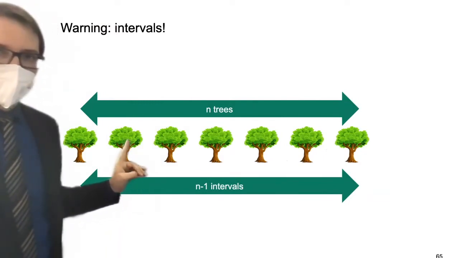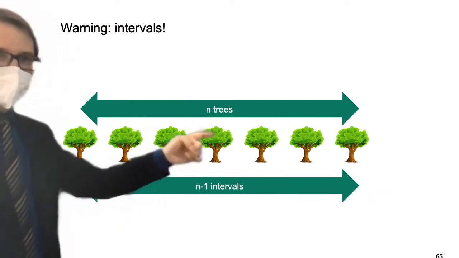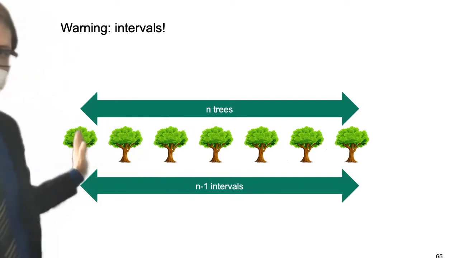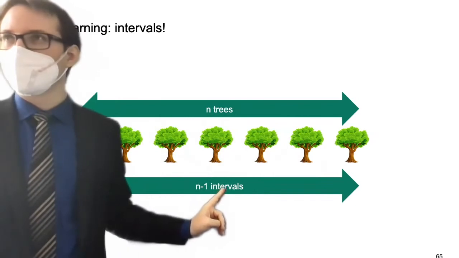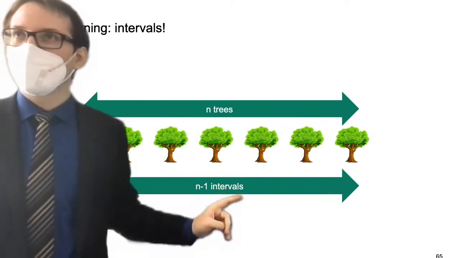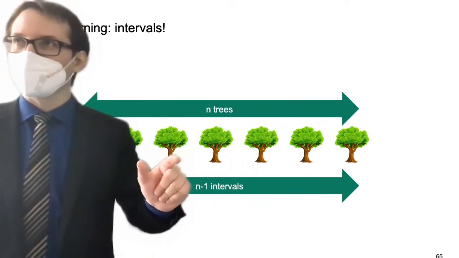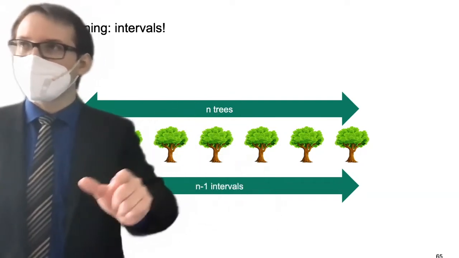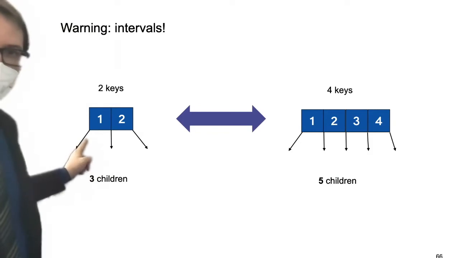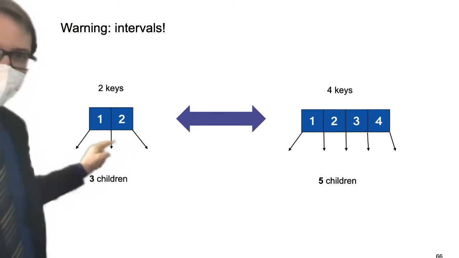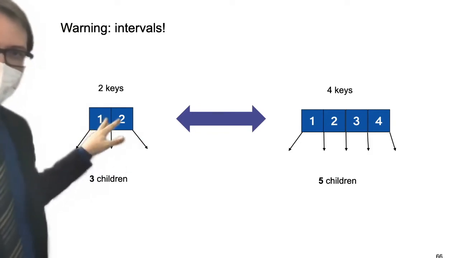One important thing to notice is that if you have a number of trees in the street, the number of intervals between them is n-1. If you have 3 trees, there are 2 intervals. If you have 10 trees, there are 9 intervals. What do I mean here? I mean that if I have 3 children here, then I have 2 comparison keys in there.